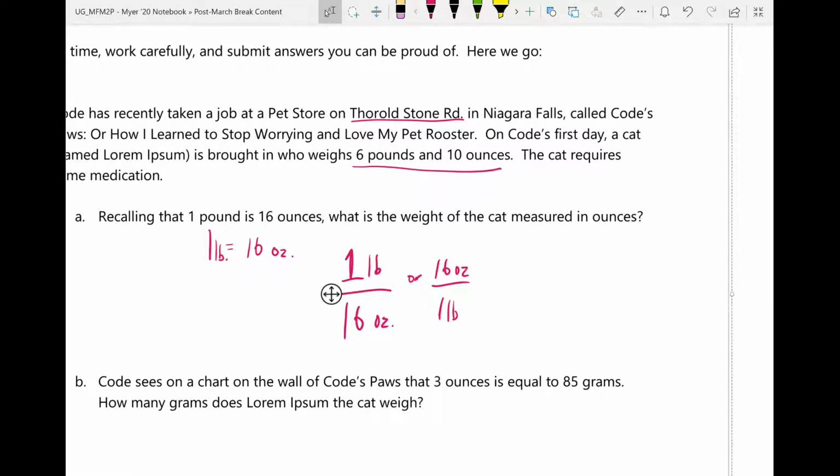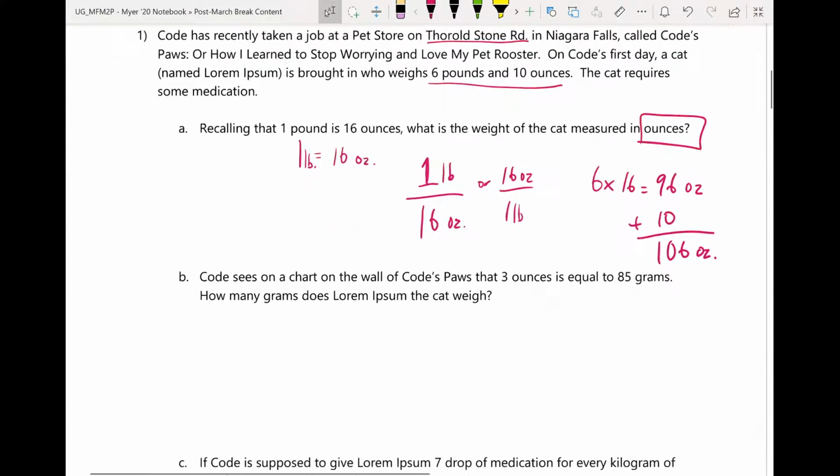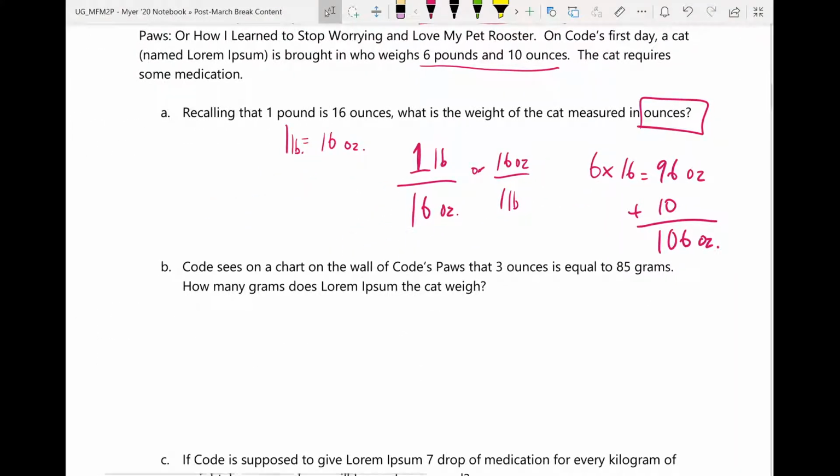Mine's 6 pounds and 10 ounces. So if I want to know it just in ounces, I'd take my 6 pounds times 16, and I would get 96 ounces. Plus my 10, and so I have 106 ounces. That's really important because I would want to figure out how much medication to give it.